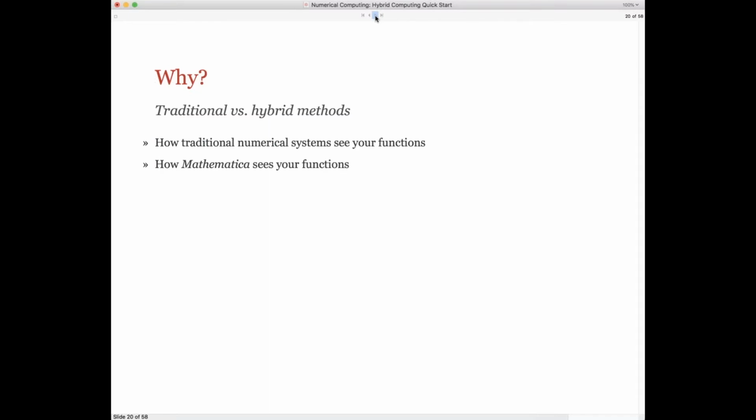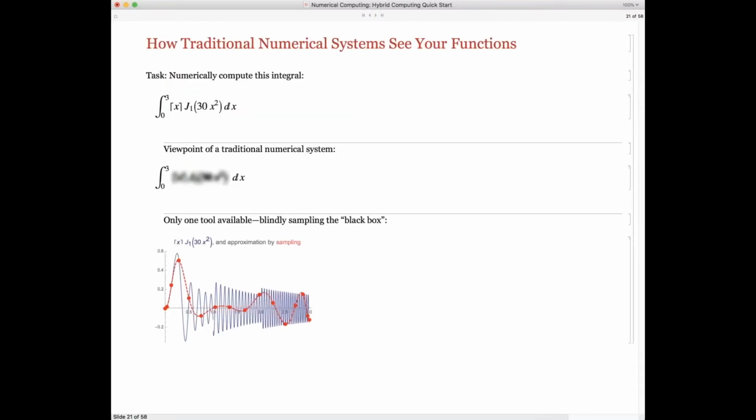So let's take an example to illustrate further. You want to numerically integrate a function such as this one. It is the integral from 0 to 3 of ceiling of x times BesselJ1 of 30x squared. Here is the fundamental limitation of all traditional numerical systems.